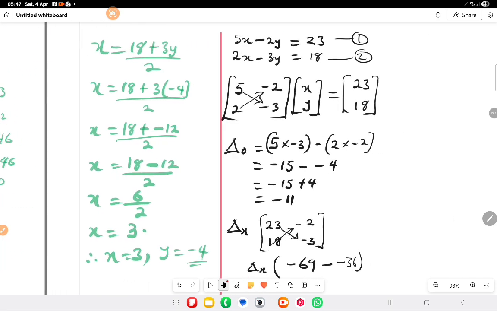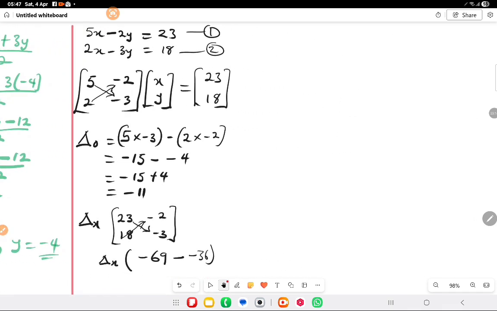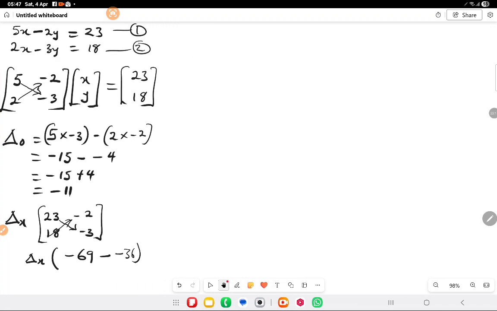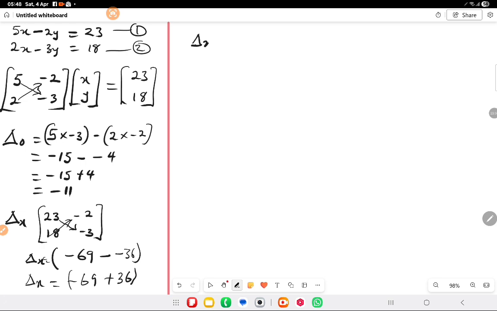If we continue, delta x equals minus 69 plus 36, which gives us minus 33.